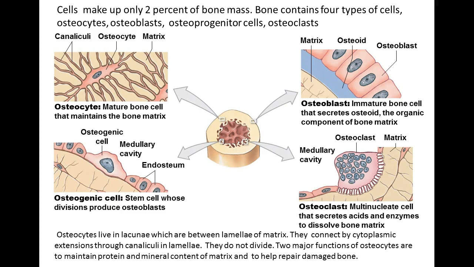And in order to have this process of continually redesigning, growing, renewing and remodeling bone, you have 2 cells that work together, an osteoblast and an osteoclast. The osteoblast is considered an immature bone cell, and only immature not because they don't know how to function.